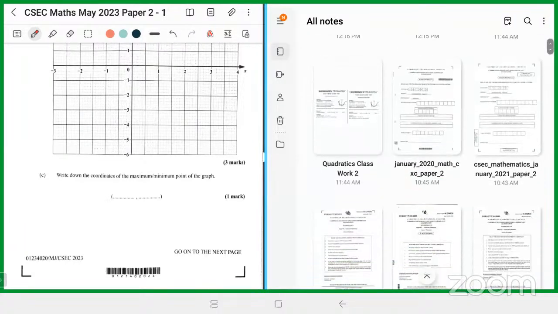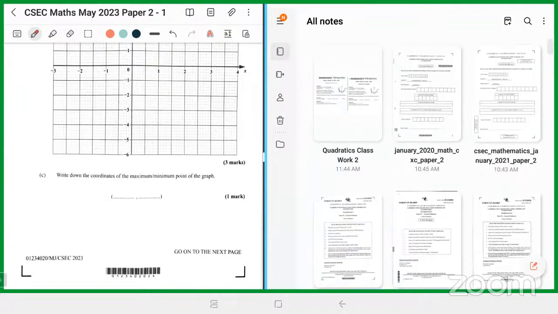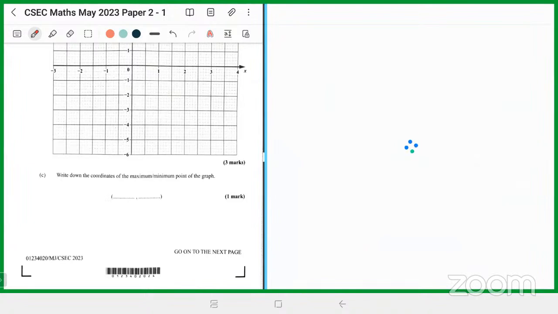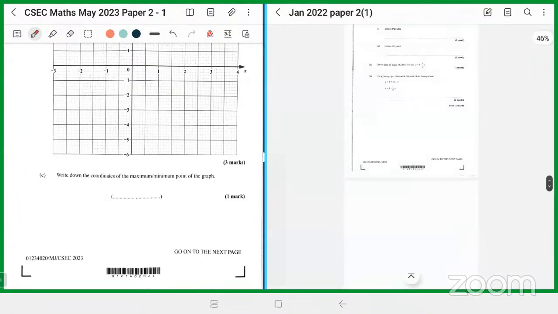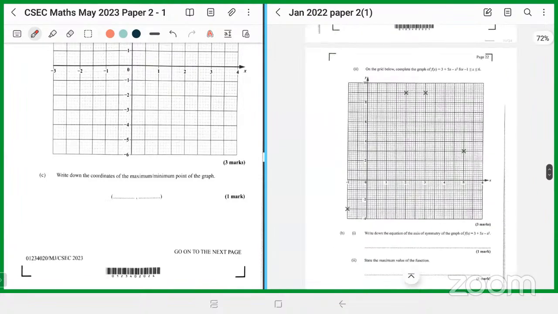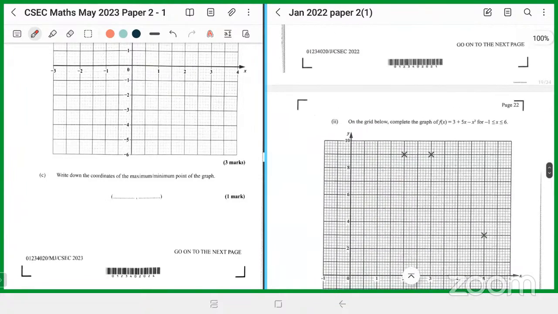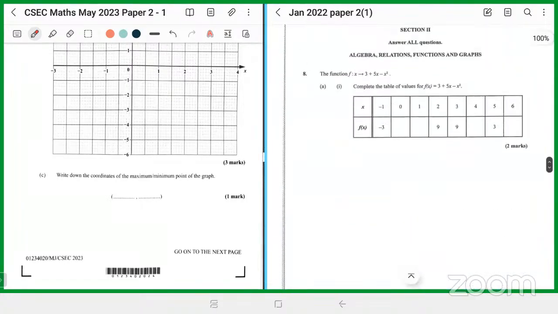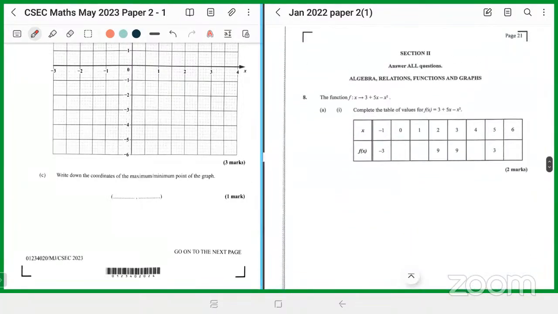2022 January. Right here. All right. There you go. So another frown. See, different function. But let's look at it. Let me open up another one.